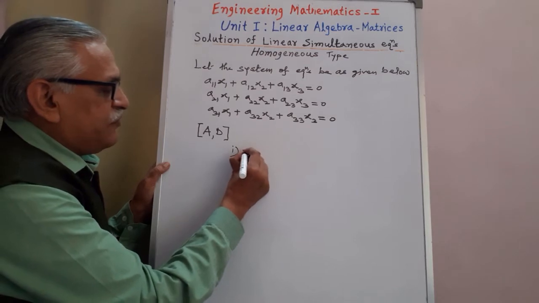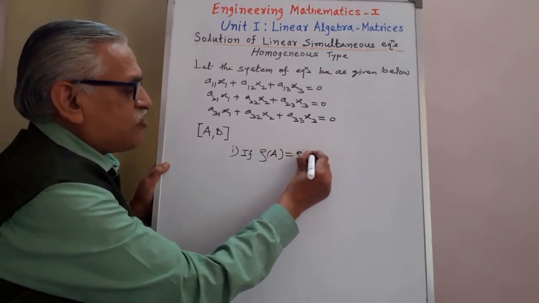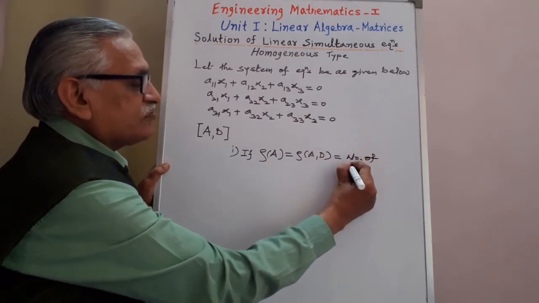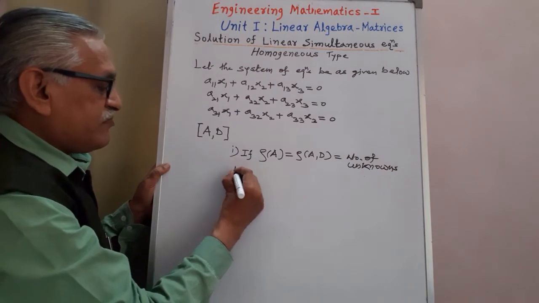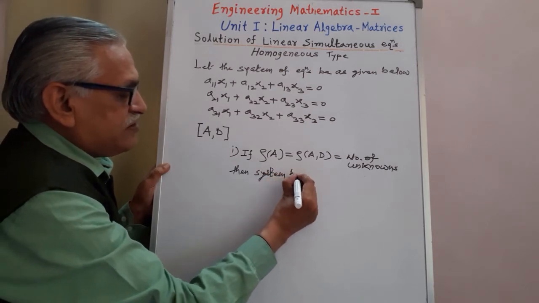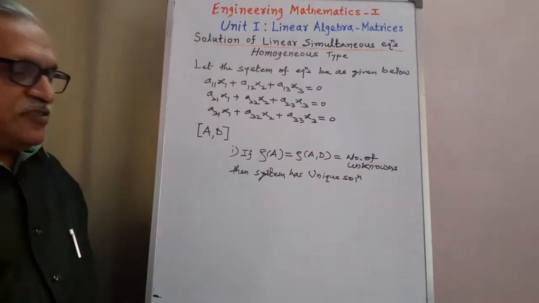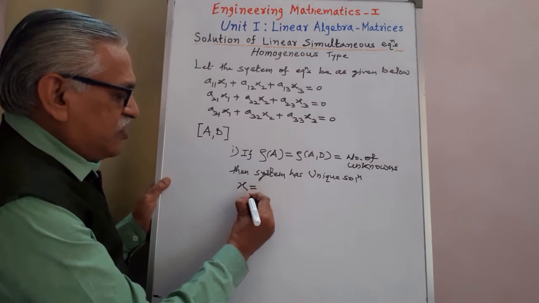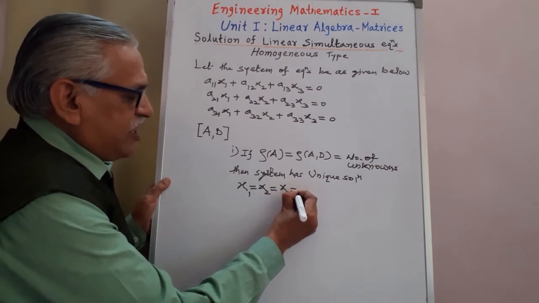Condition number 1: if rank of A is equal to rank of the augmented matrix, and it is equal to the number of unknowns, then the system has a unique solution, and that unique solution is x1 equals x2 equals x3 equals 0.